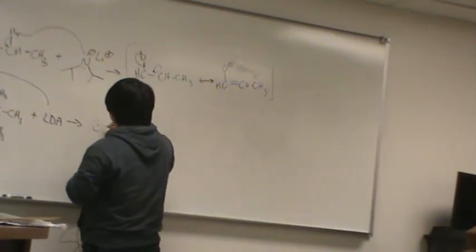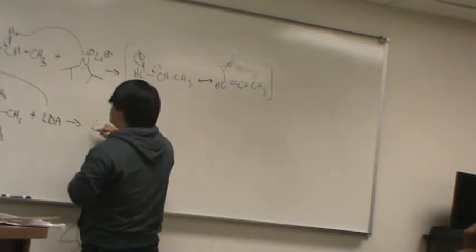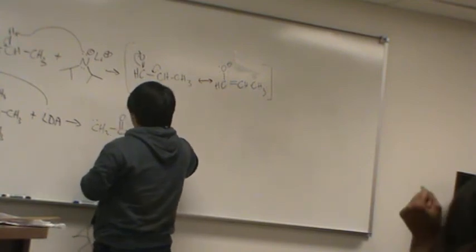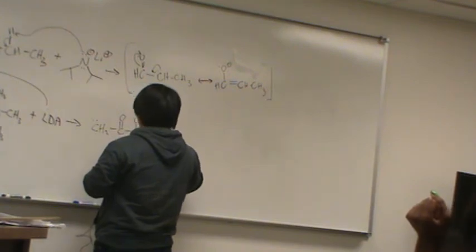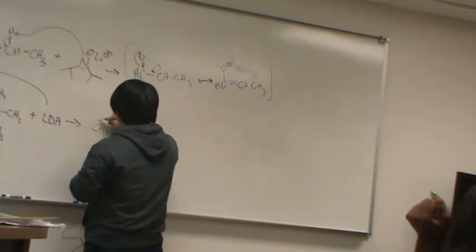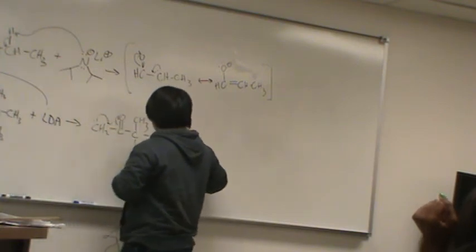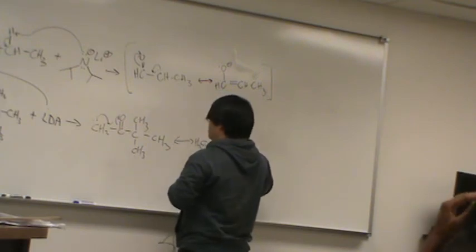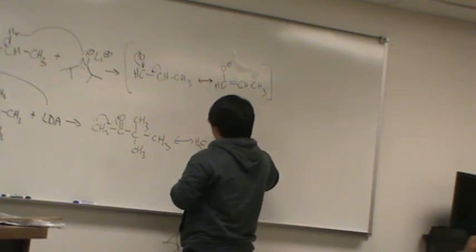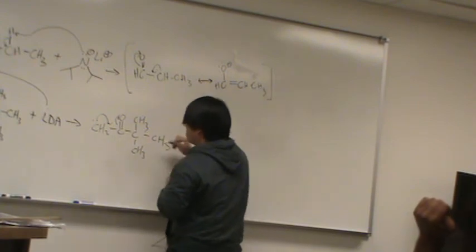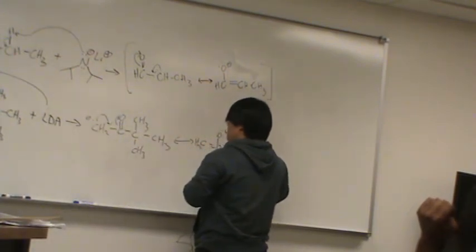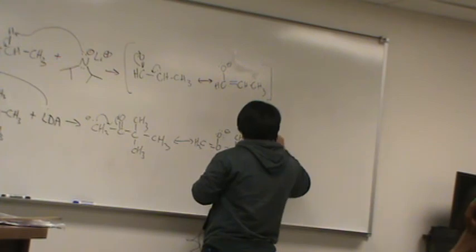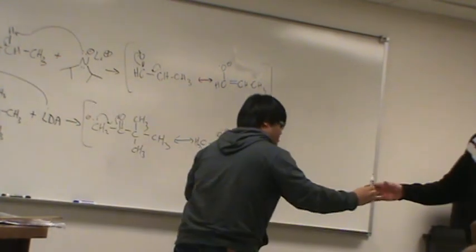There's no alpha hydrogen on the right-hand side, so we can't attack there. Good.